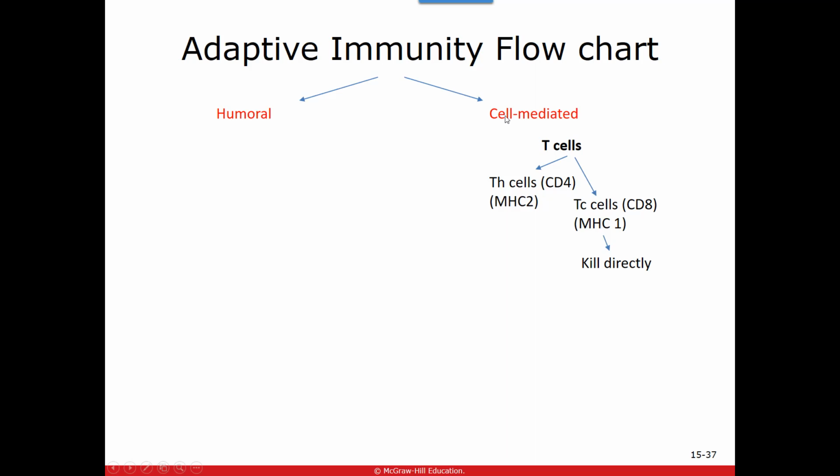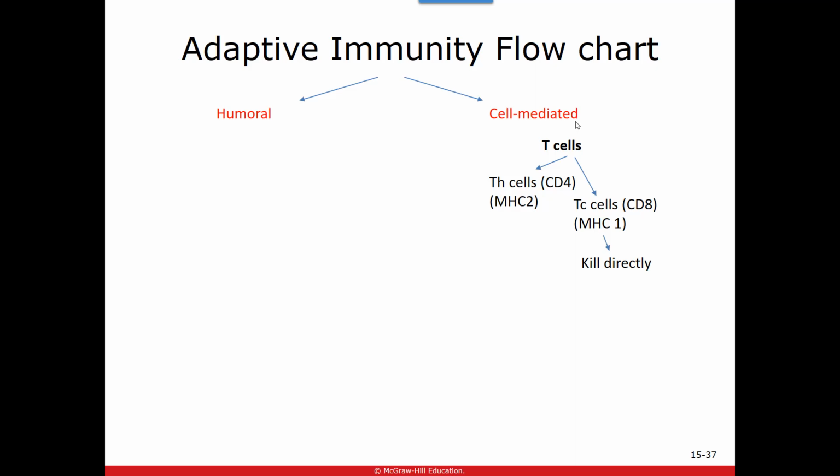My big thing is T cells in the cell-mediated branch are looking for intracellular pathogens. So things that are hiding out inside of our cells, which means they're harder to see. But T cells have figured out a way around that, because they are looking for things attached to MHC I or MHC II antigens.